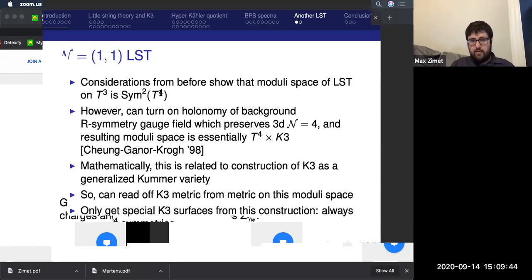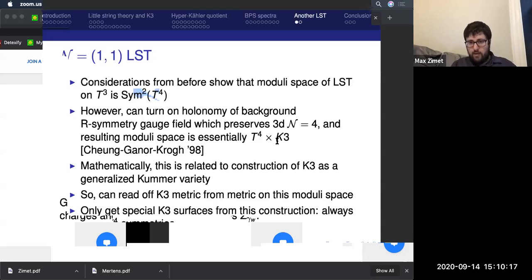So we can just think of the other SU(2) in that spin 4 as a global symmetry, and turn on R symmetry holonomies for that SU(2) on the 1 cycles of this T3. Those are half BPS, so they break SUSY to 3D N=4, but that's fine. And in fact, that gives you a more interesting hyper-Kahler moduli space rather than just Sym^2 T4.